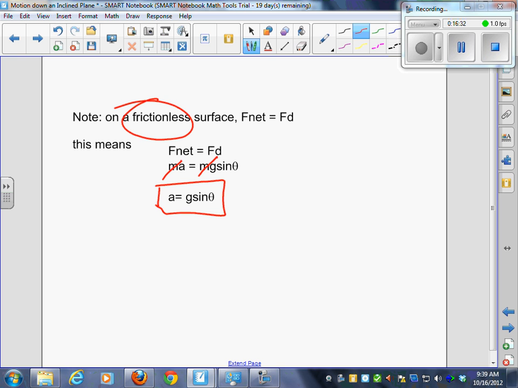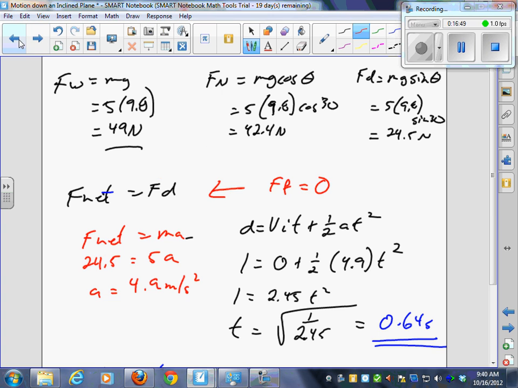What steps could I have avoided in this question if I'd known that a was equal to g sine theta? If I'd known that a was equal to g sine theta, would I have had to do this, and this, and this, and this? Instead of doing all that, I could have just gone a equals g sine theta. 9.8 sine 30.